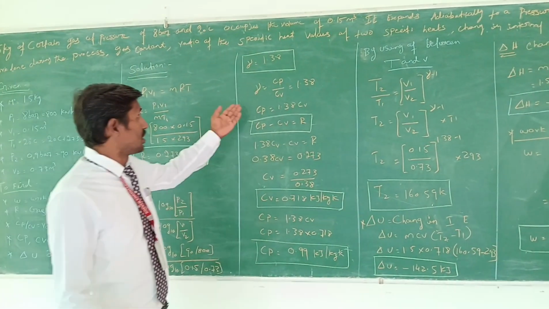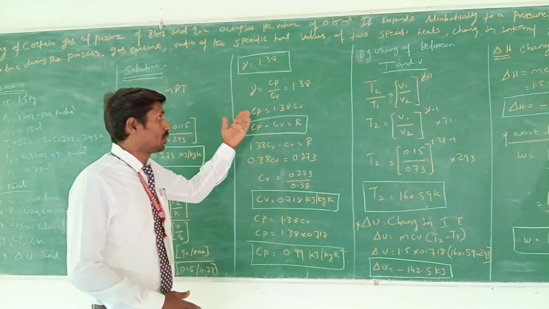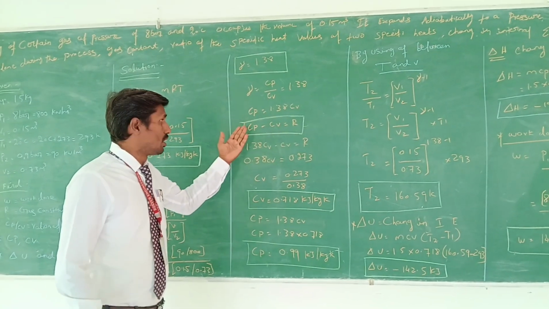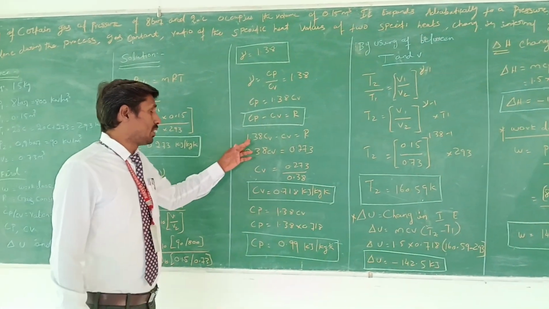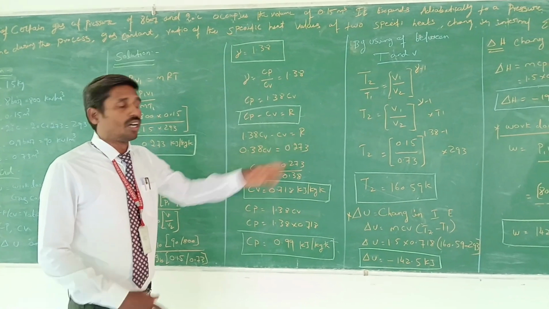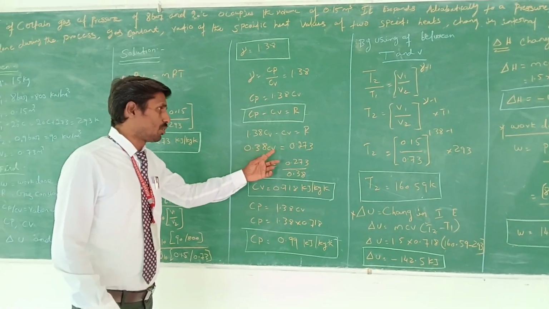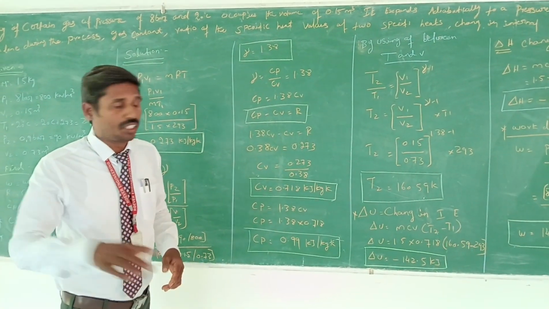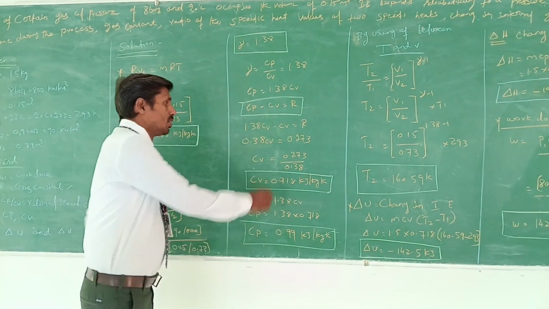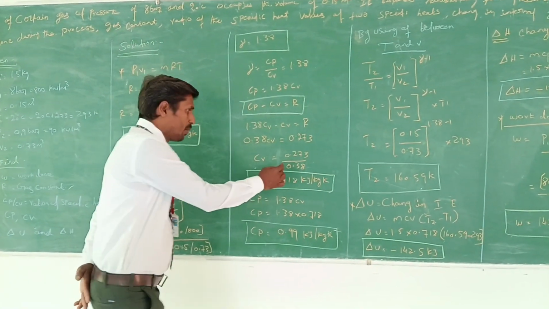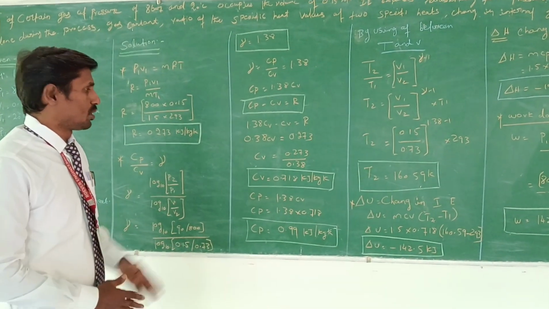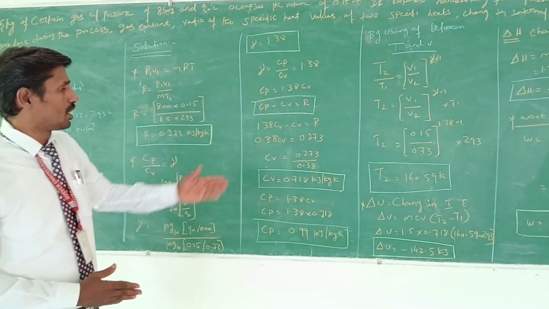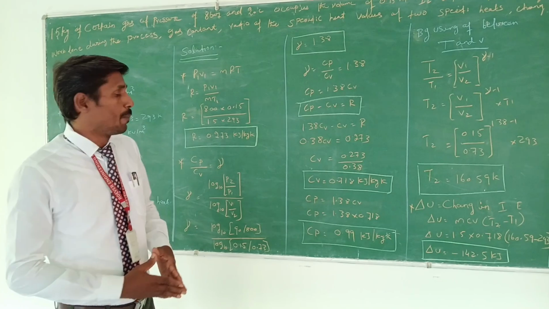Then Cp divided by Cv equals 1.38, so Cp equals 1.38 Cv, and Cp minus Cv equal to R. Therefore 1.38 Cv minus Cv equal to R, so 0.38 Cv equal to 0.273. So Cv is equal to 0.273 divided by 0.38, and Cv is equal to 0.718 kJ per kg K.